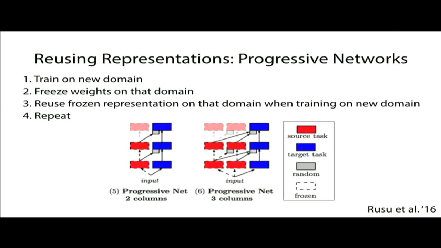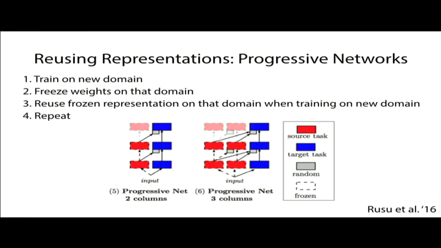And then when you're training on your target task, you run the observation through your original network as well as through your new network, and then concatenate the representation from the source domain to your representation at the next layer, and likewise at higher levels as well. In particular, you don't continue to train the network on the source domain. You keep that fixed. And the blue boxes are free weights, so the parameters of those networks are optimized.